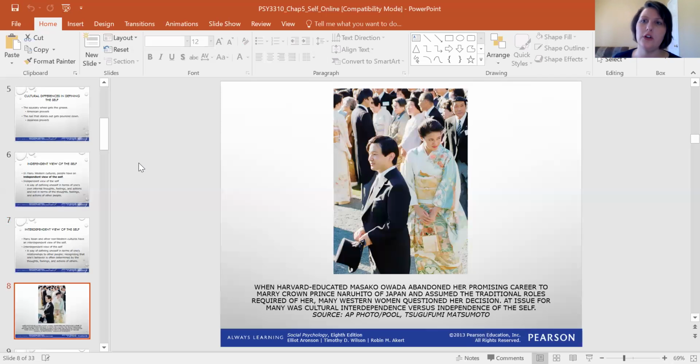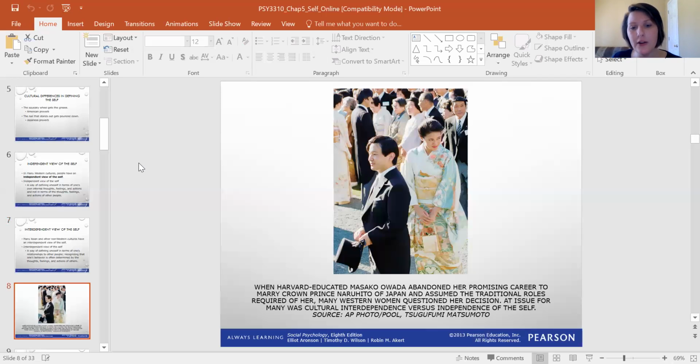Do what you do for your country, do what you do for your husband, right? Then we had this other group of people who had this interdependent view, Japanese, who were just furious. They were so angry. They were like, look, you went from having this brilliant career to imprisoning yourself into a traditional role in Japan. Why on earth would you do this?